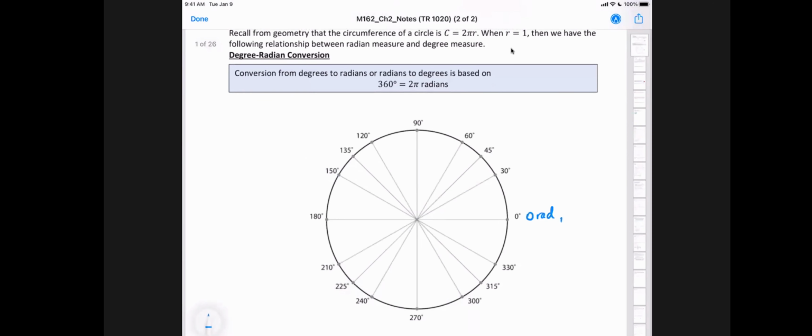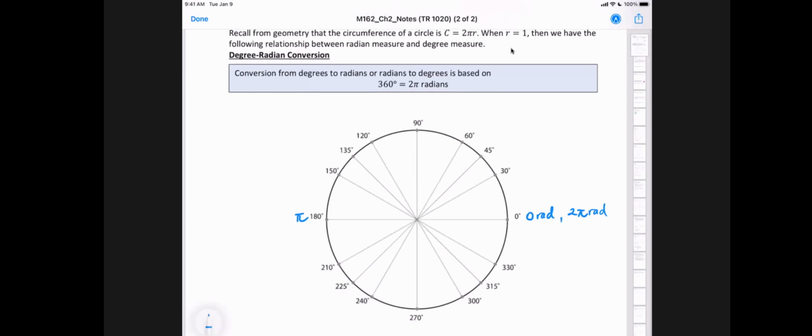The circumference was 2 pi if you do one full loop. Well, if this whole thing is 2 pi, what if we only did half? That would be half of the 2 pi, so this would be pi. All right, so those are some good marking points.